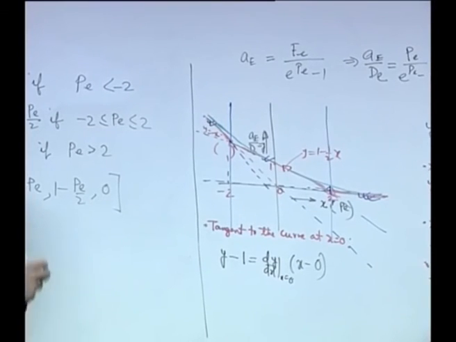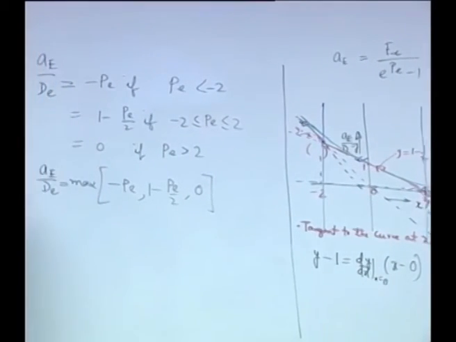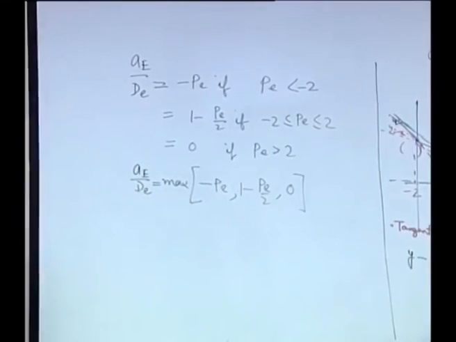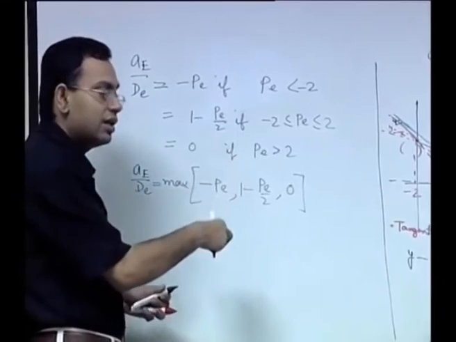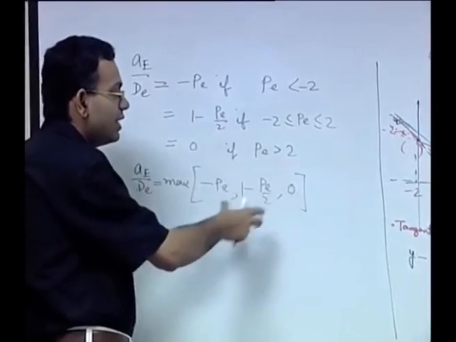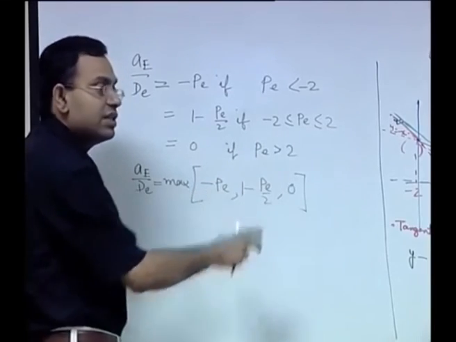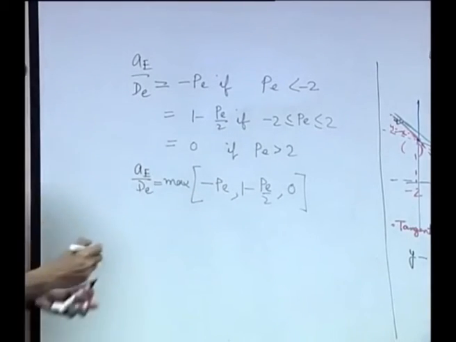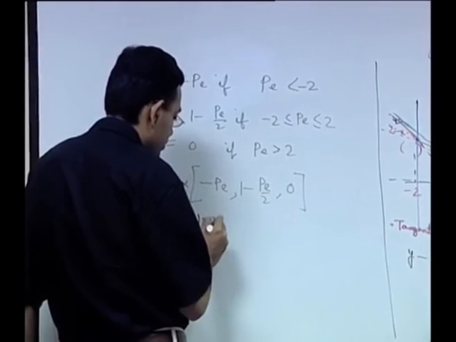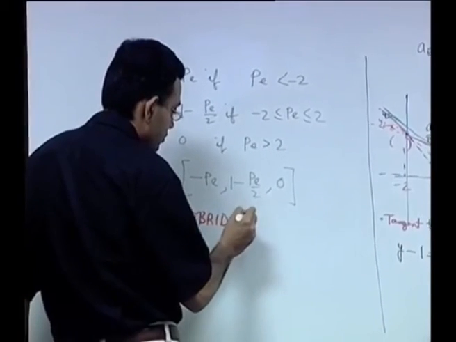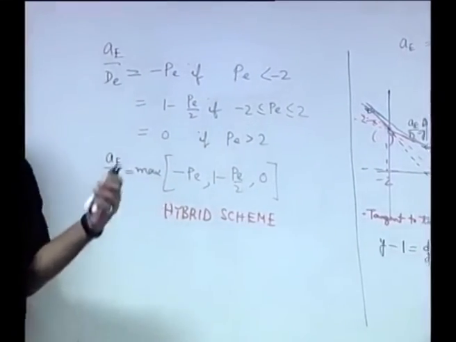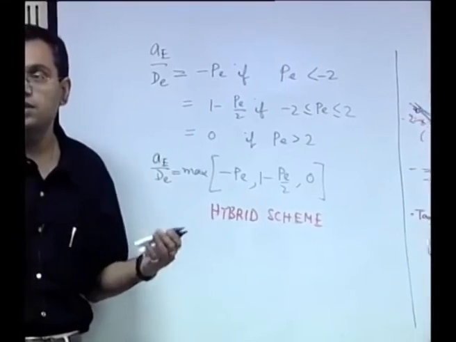So if you use the max function, now the max function has 3 arguments, and you can use the maximum of the 3. So in a very short form you can write it as the max of these 3. This particular representation is known as the hybrid scheme. It is nothing but a piecewise linearization of the exponential scheme.